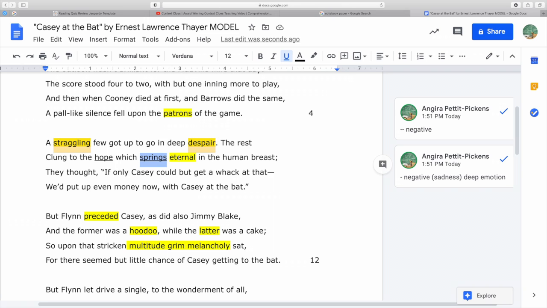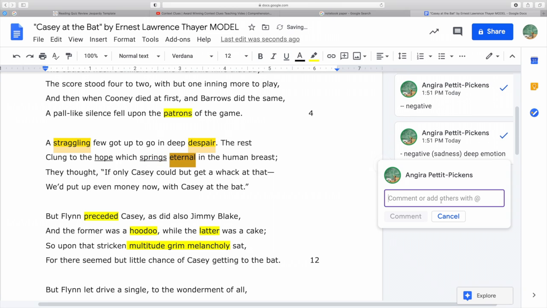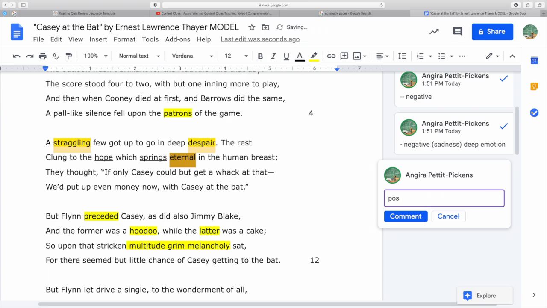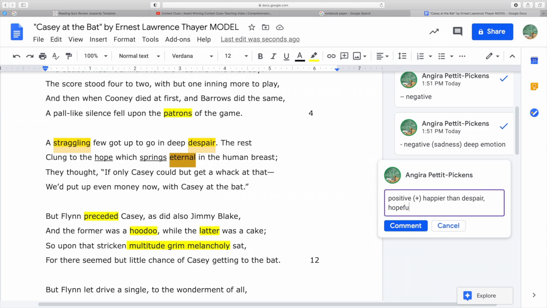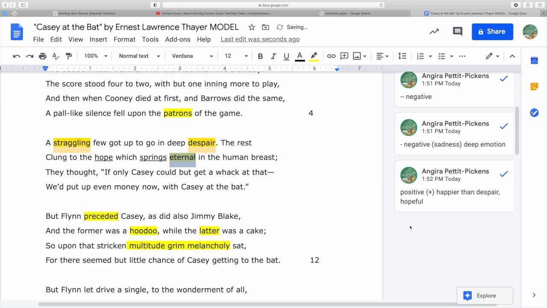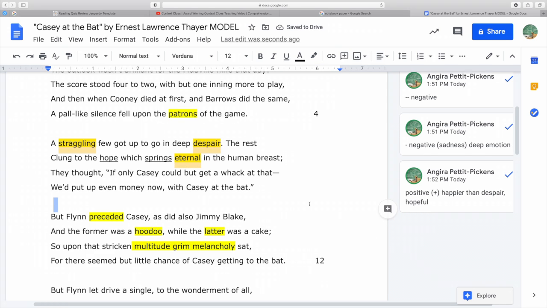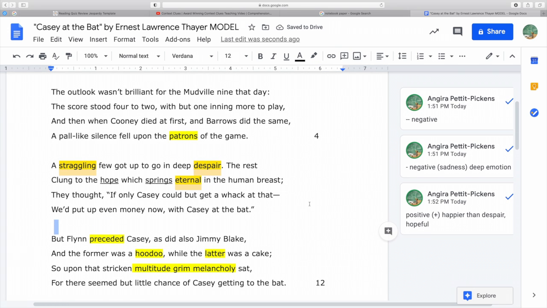So if they're tied to the word eternal, then I'm going to assume that eternal is positive, that it's a happier word, right? So I'm going to think happier, then definitely despair, hopeful maybe. So that's step 2. Just figuring out if these words are negative sounding or positive sounding.